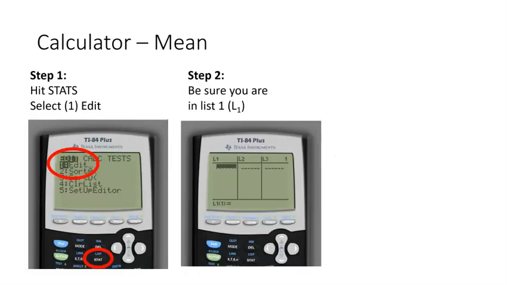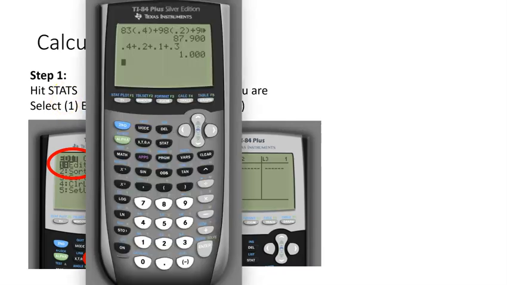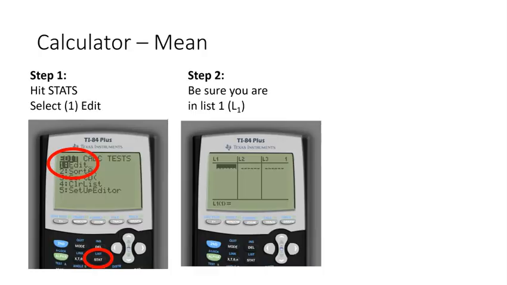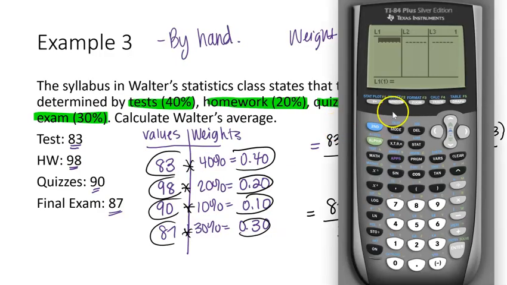So just like we started out with in our previous example, where we were looking at means in general, I would start by going to Stat and Edit. I have to tell my calculator what my grades are. So I would put his grades in the first category. In the first list. So that's where I would put the 83, 98, 90, and 87.